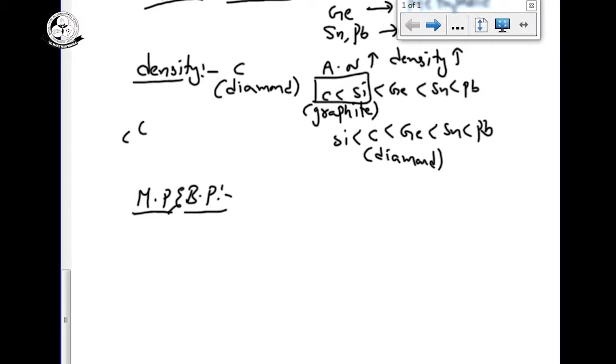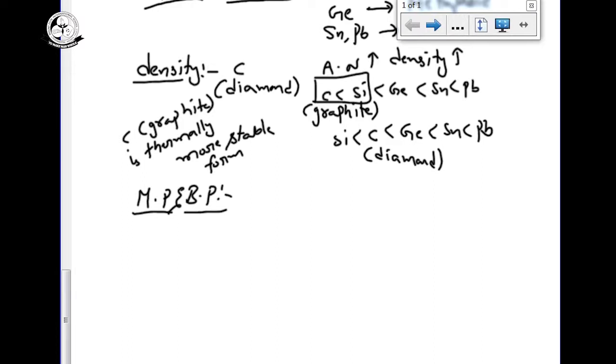Graphite is the more stable form for carbon.